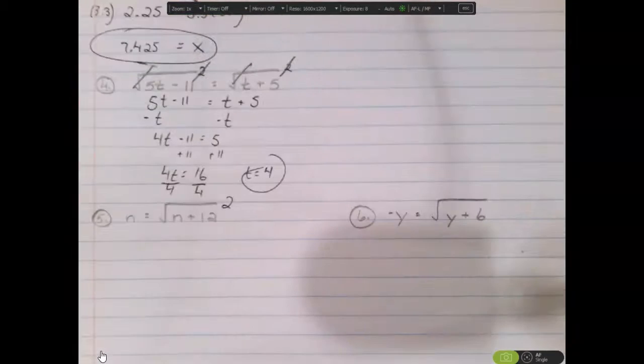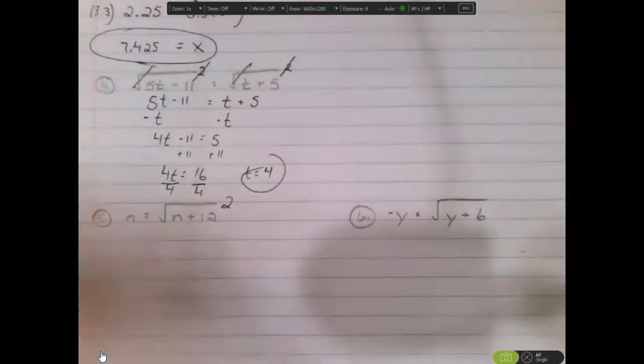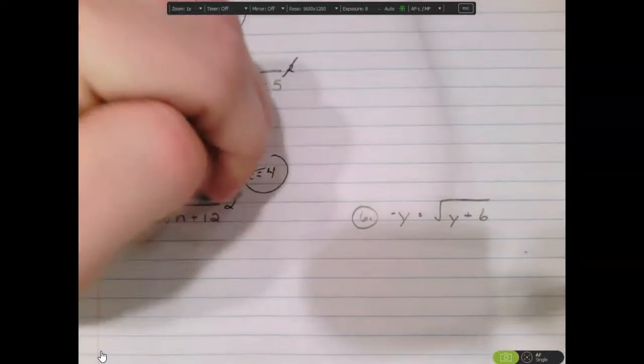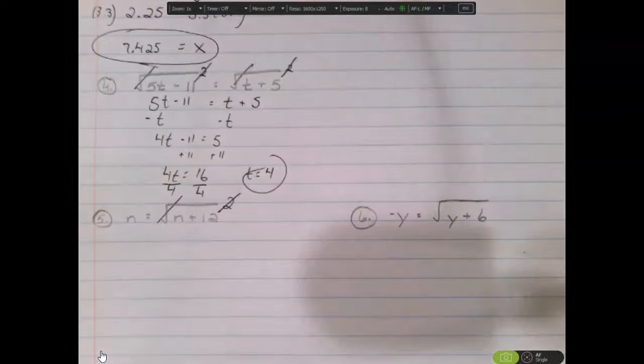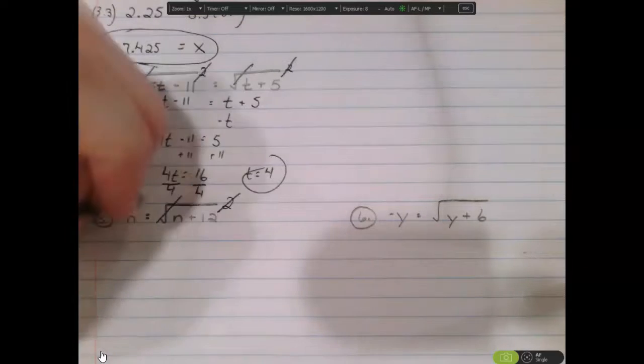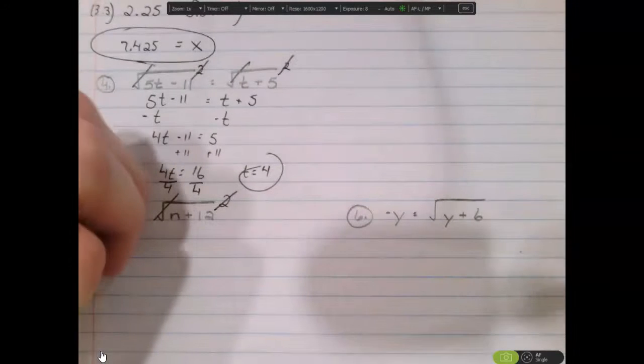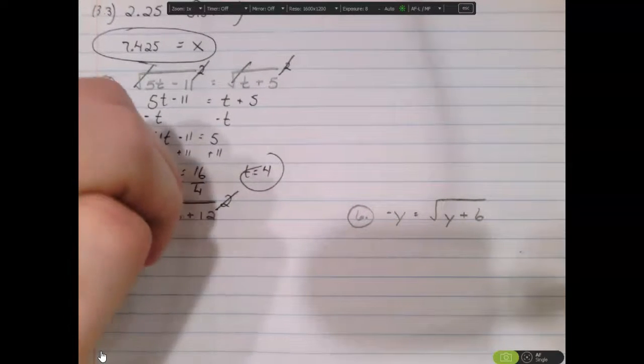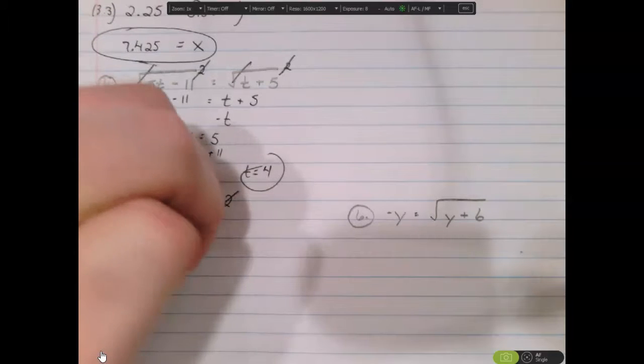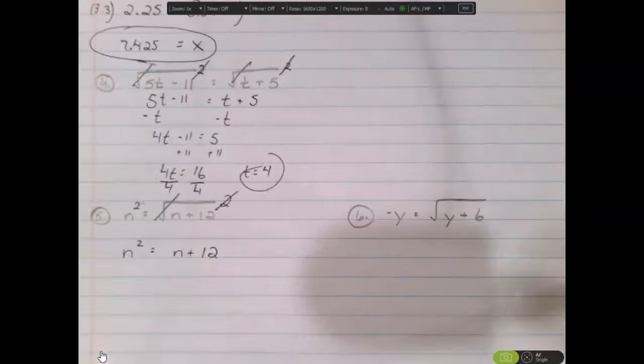So I'm going to square the entire right side. By doing such, it's going to eliminate the radical. It's also going to cancel out that squared. Because I squared the right, I also need to square the left. So my new equation is n squared is equal to n plus 12.